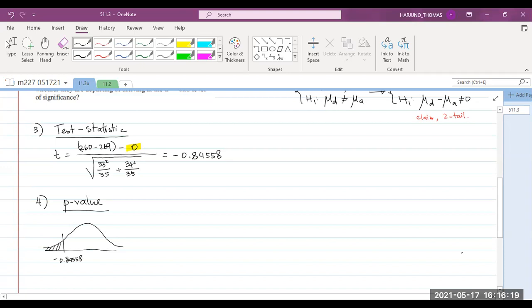We need to find the area of the tail, but then we need to double it because it's a two-tail case.